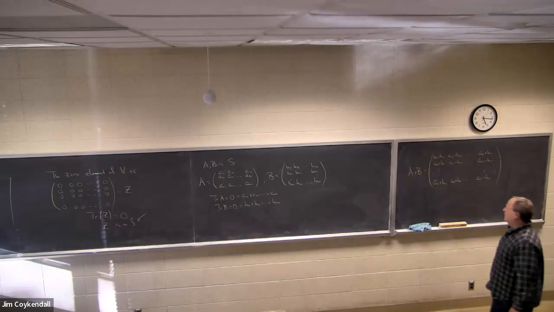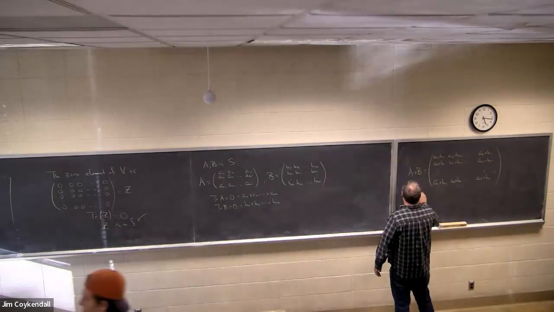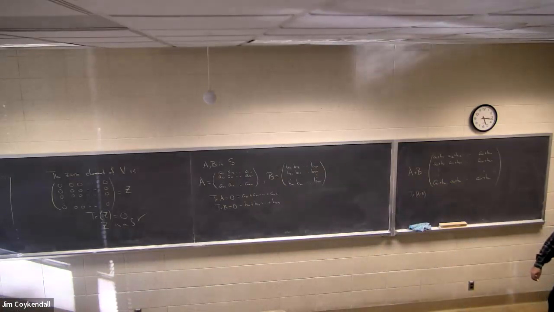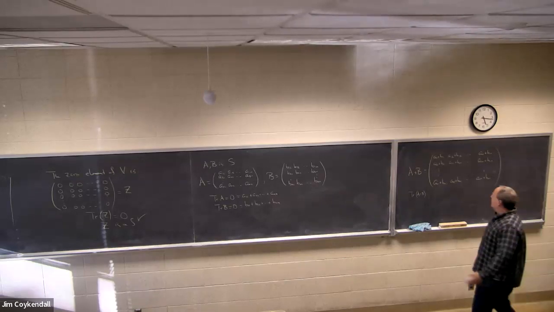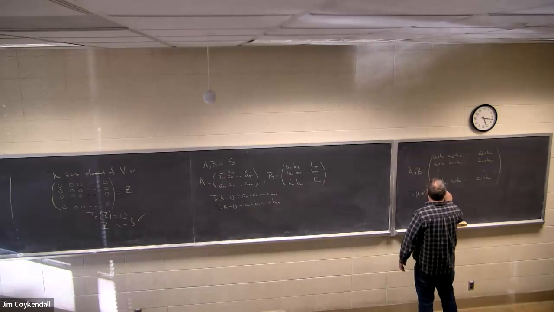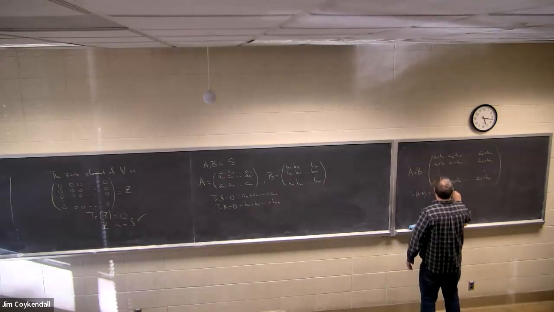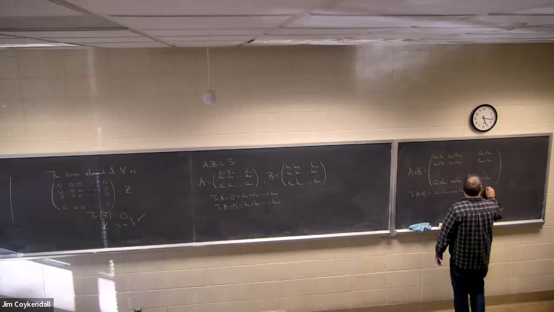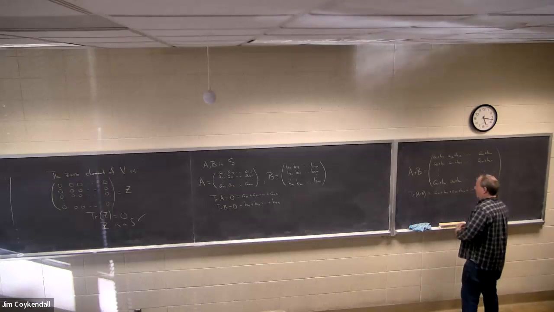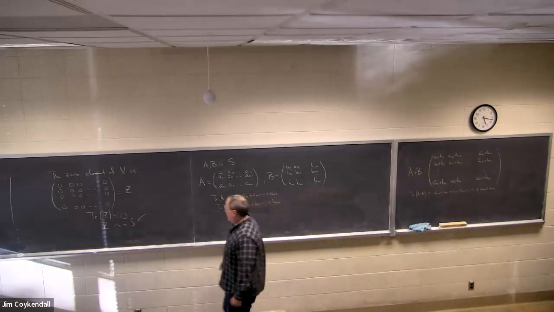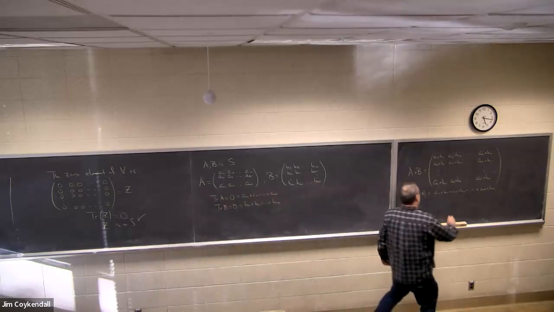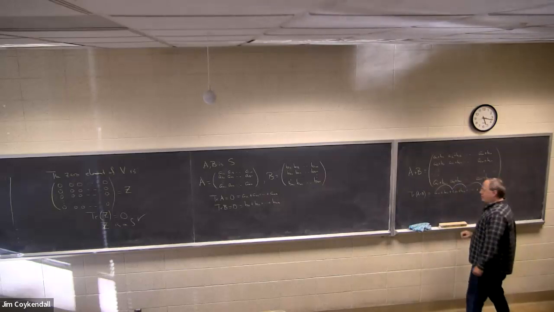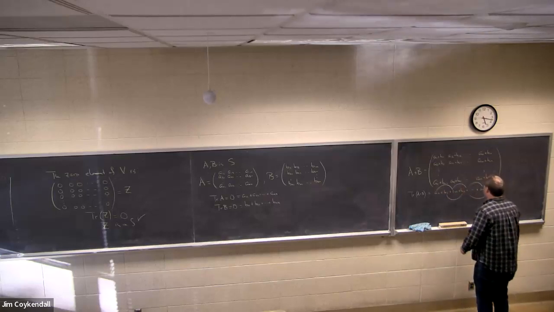Now, what is the trace of A plus B? What is the trace of this new monstrosity that we have built? It's also zero, isn't it? Because the A's add up to zero and the B's add up to zero.